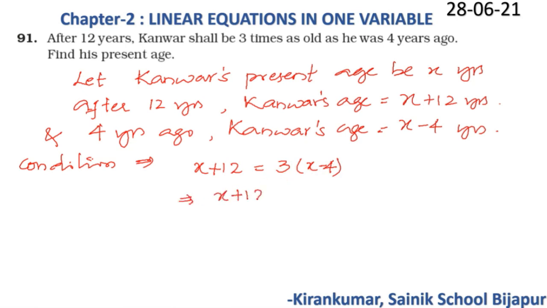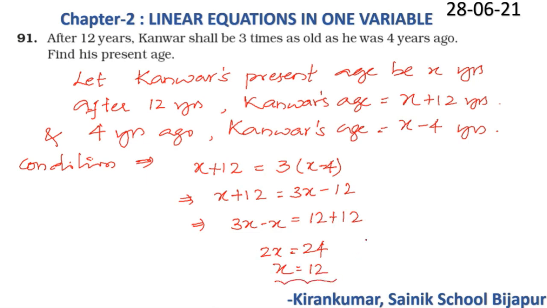This will be x plus 12 is equal to 3x minus 12. Therefore, when you transpose x to this side, we get 3x minus x. 12 transposed to the other side, we get 12 plus 12. Therefore, 2x is equal to 24 and the value of x is 12. So, Kanwar is 12 years old.